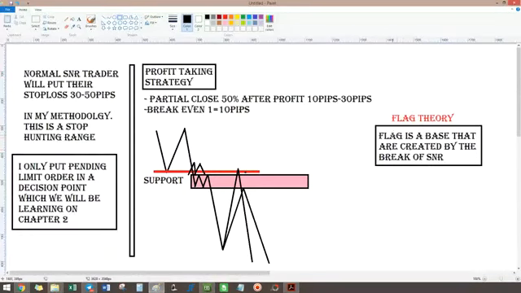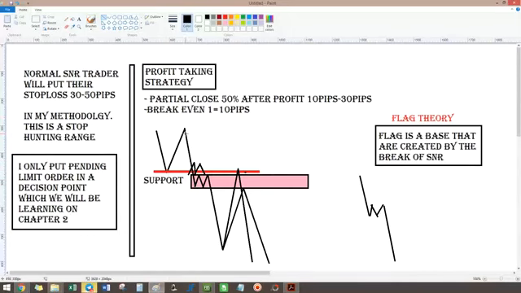The flat theory: a flat is a base that is created by the break of SNR, support resistance. RBR and DBD are only this without breaking anything. To make it a flat, it must break support or resistance, or supply or demand.